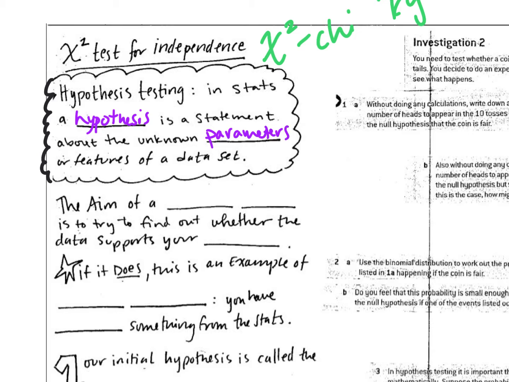So you're going to say something and you have to prove if it's true. The aim of a statistical test is to try to find out whether the data supports your hypothesis. It's like science class, but different.